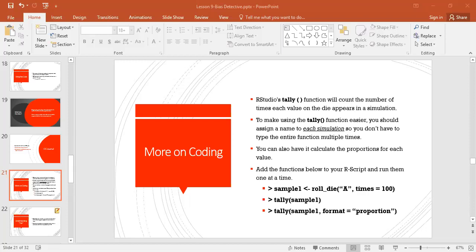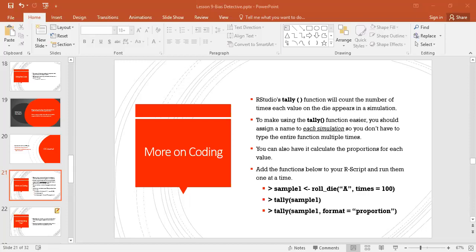Okay, perfect. So RStudio's tally function can count the number of times each of the values appears in our simulation. But in order to make and use the tally function easier, we have to assign a name to each simulation and the results that we get, because that way it knows what group of data to actually count.